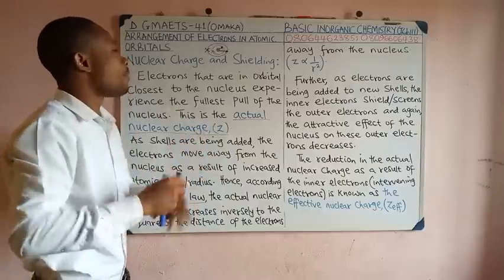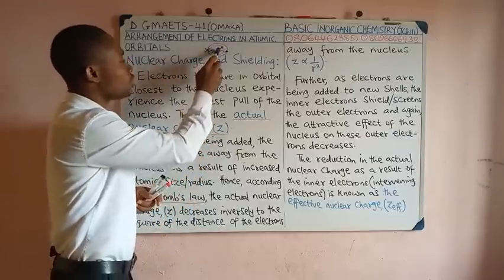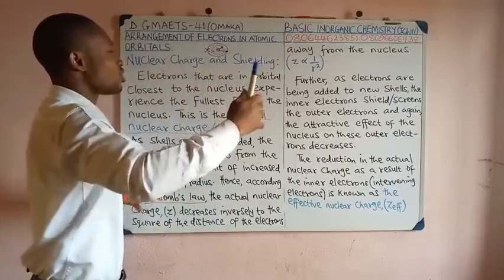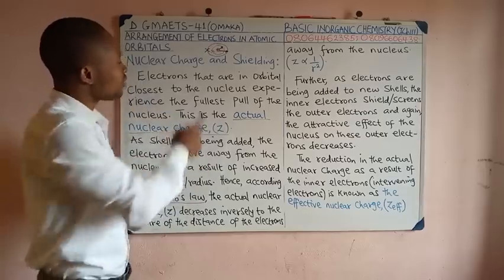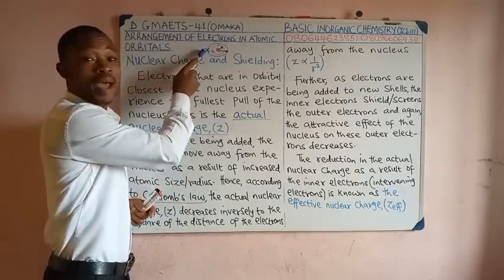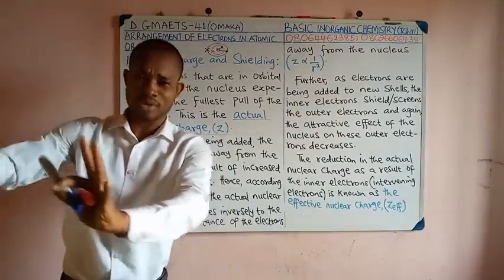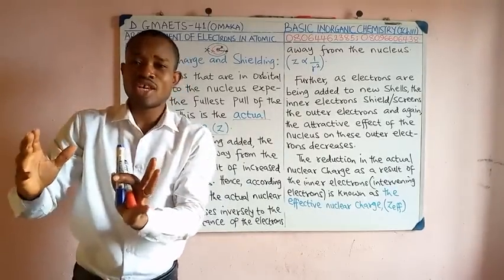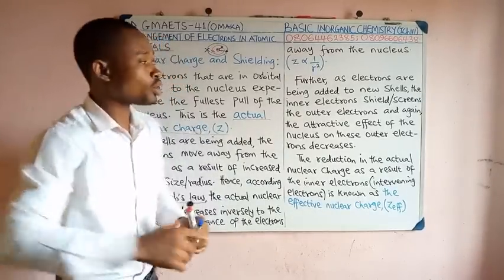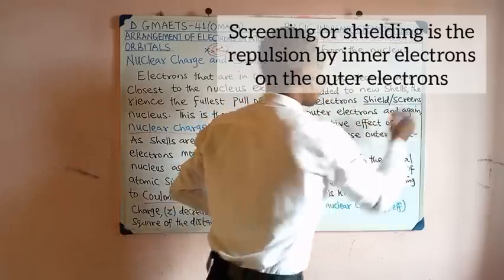What is going to happen? Apart from the fact that the distance from the nucleus to the outer shell is now greater, you will agree with me that this inner electron will repel the outer electron. The inner electron will be pushing the outer electron away, because these are the same charges, so there will be repulsion. That repulsion is known as shielding or screening.